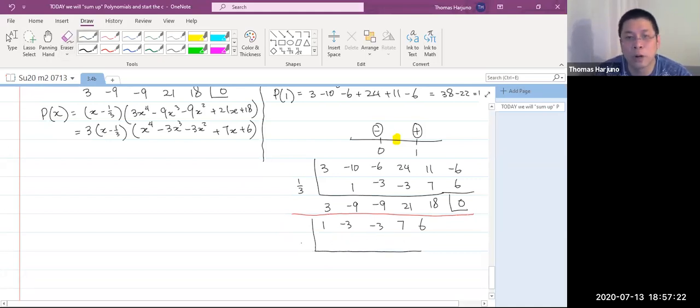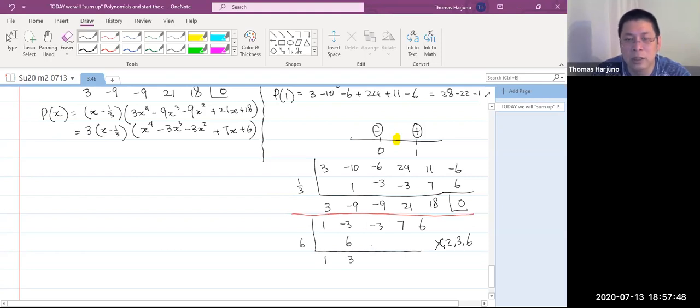The possible positive zeros are 1, 2, 3, 6 on the positive side. But we already tried 1 and it didn't work. If it didn't work earlier, it won't work right now. Let me try 2. You know what? Let me try 3 or 6. Let me try 6 right away. 1. This is 6.